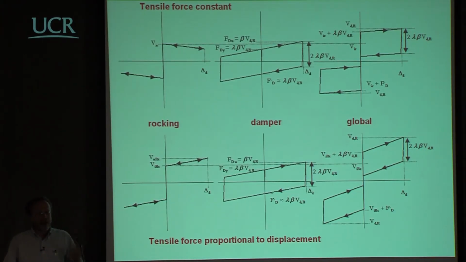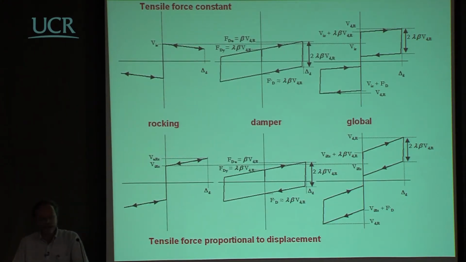And maybe we are thinking, but how do we obtain a flag shape response in terms of force displacement? Well, here is shown how you can obtain it. And of course, this could go up, but it could also be almost flat or something like that, depending on the combination of what happens in rocking, that, as you know, if you have no tensile force, will go down this way, and what happens in the damper, whatever kind of damper you're using.